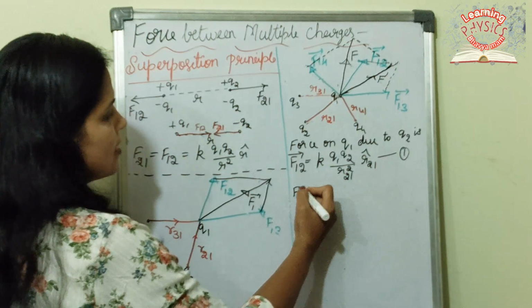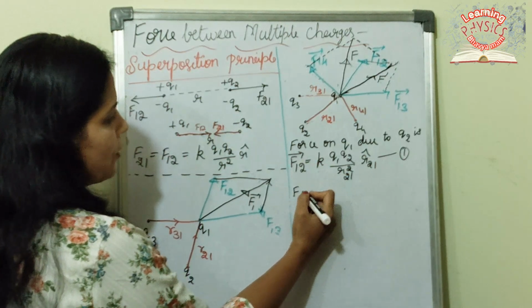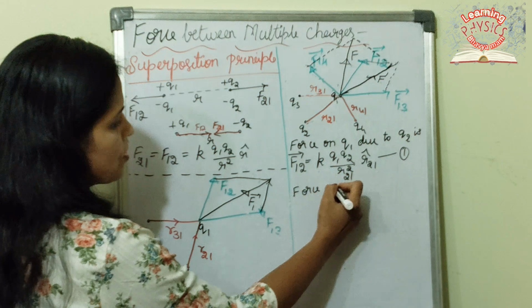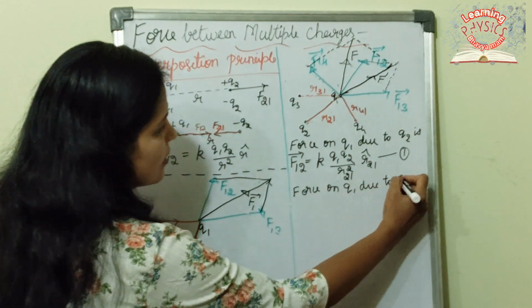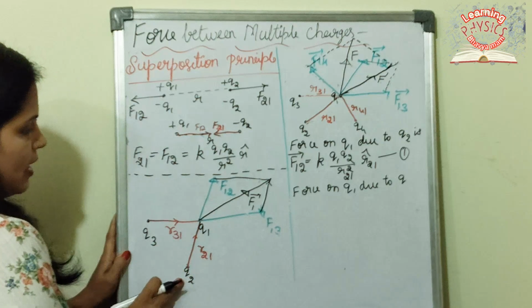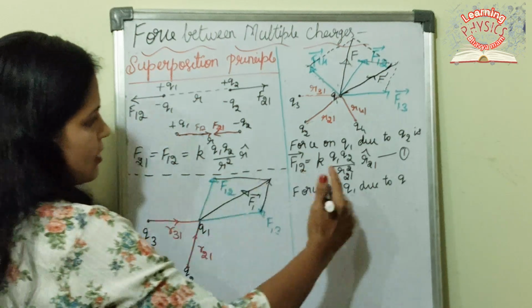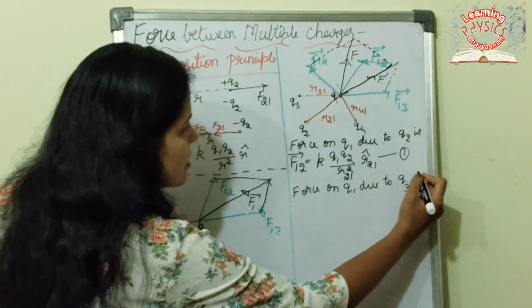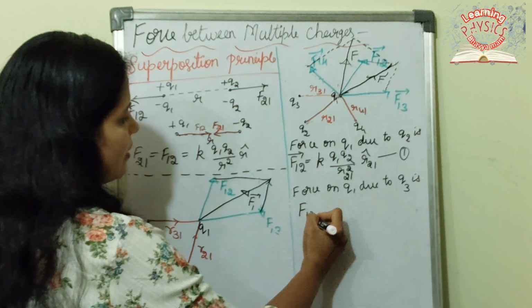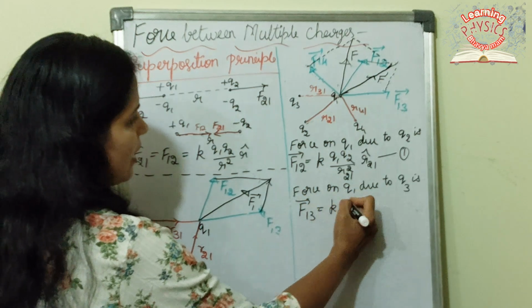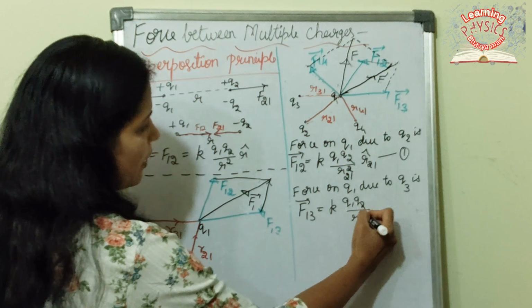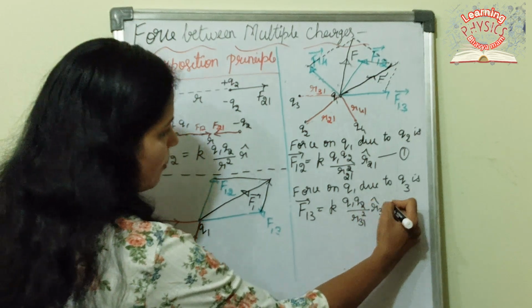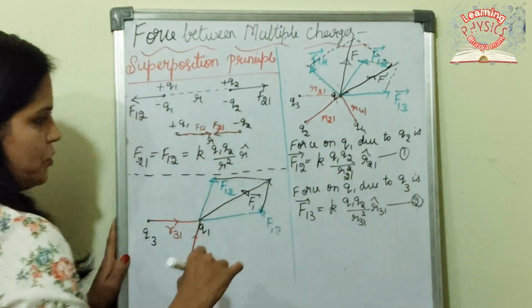Now the second one: force on Q1 due to the second charge, Q3, is F13. So constant K, Q1, Q3, divided by R31 square, R31 cap. I'll call it equation 2.